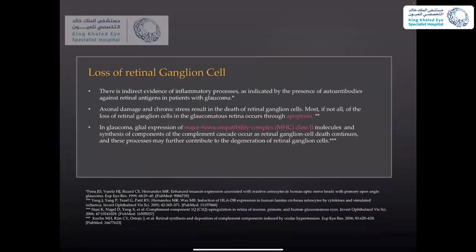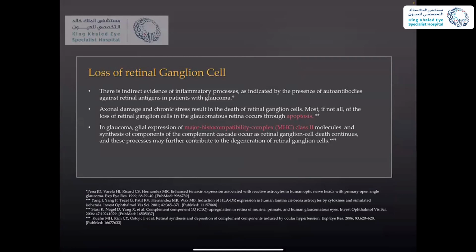Another theory or mechanism they proposed is that the patient shows indirect evidence of an inflammatory process, as indicated by the presence of autoantibodies against retinal antigens. And this will activate what we call programmed apoptosis, activated by MHC class 2.